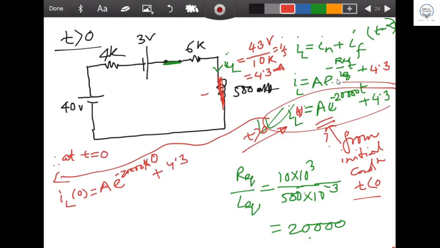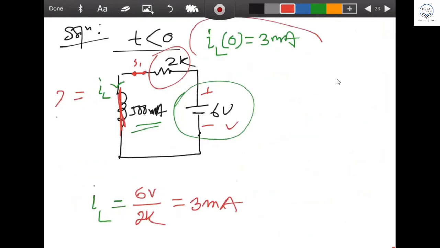Now at time T equal to 0, we can find it from here. What is IL(0)? We have found the initial condition IL(0) at time T equal to 0 is equal to what? 3 milliampere.